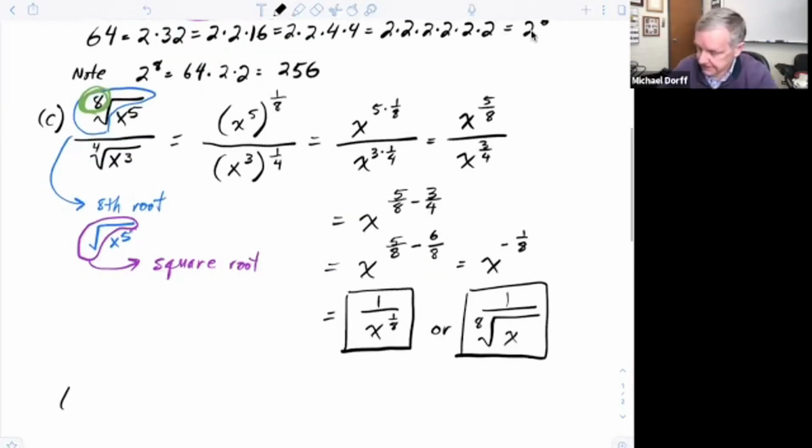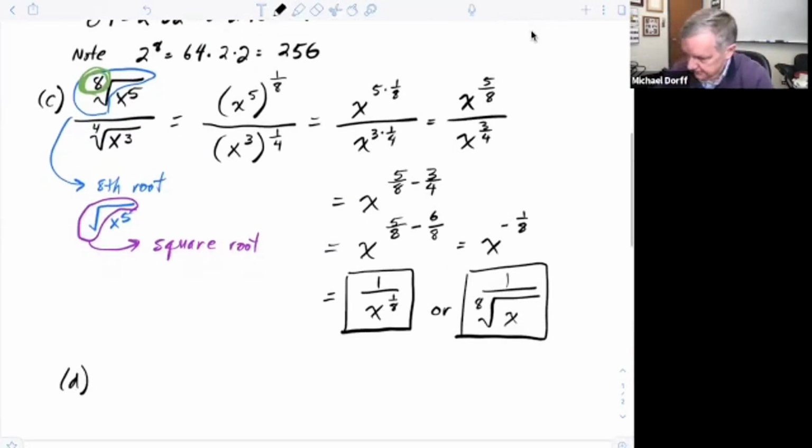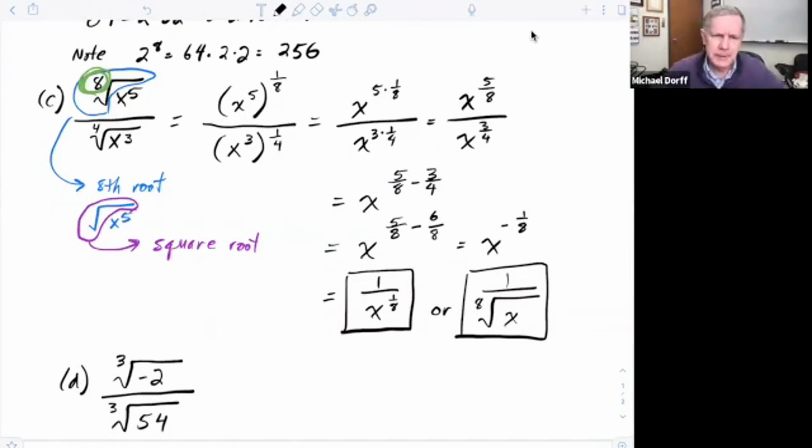And then the last one we have here is the 3rd root of negative 2 over the 3rd root of 54. Now, the first thing I want to point out about this one is some people may say, wait a minute, we've got a negative 2 under that radical sign here. Well, it's not actually a square root, it's a cube root. It's a 3rd root.